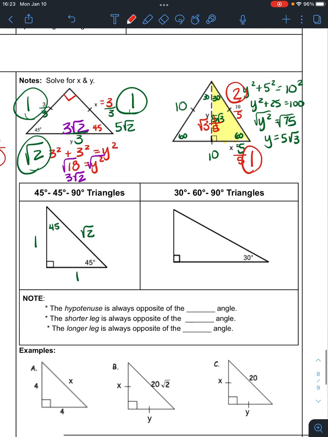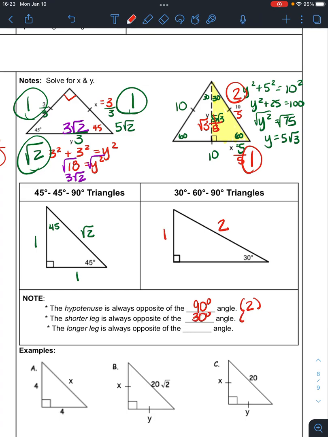Now, the hypotenuse is always across from the 90-degree angle, and that's always going to be your 2. Okay, so your 2 always goes with your hypotenuse. Your short leg, remember, the short side goes across from the small angle. The small angle is the 30-degree angle. And so it is always opposite your small one.